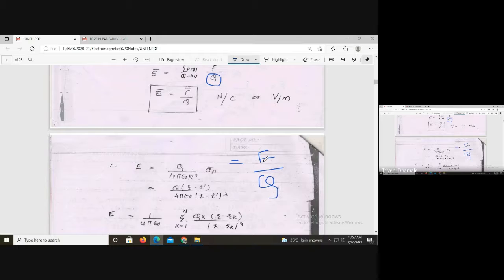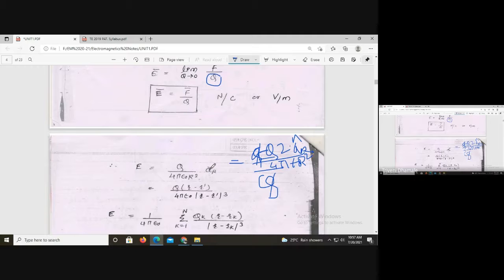The force formula is Q1 Q2 divided by 4 pi epsilon R square AR cap. So one Q and this Q cancel with each other, leaving Q upon 4 pi epsilon R square AR cap.